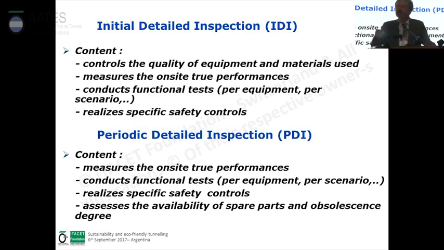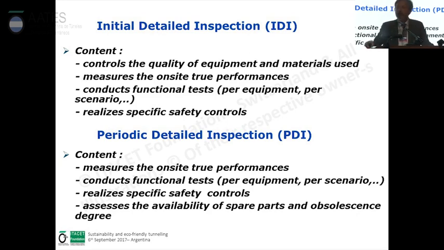What is the exhaust power of my ventilation system? I can measure it. You can have functional tests per equipment, per scenario, for each lighting system, or more global ones, like the closure system, which means a lot of equipment. So we can conduct tests and also specific safety controls.